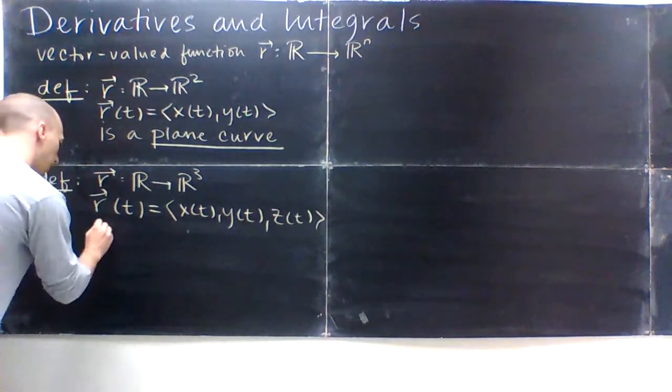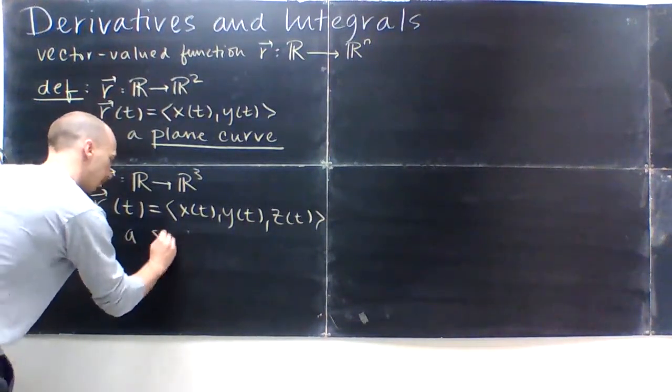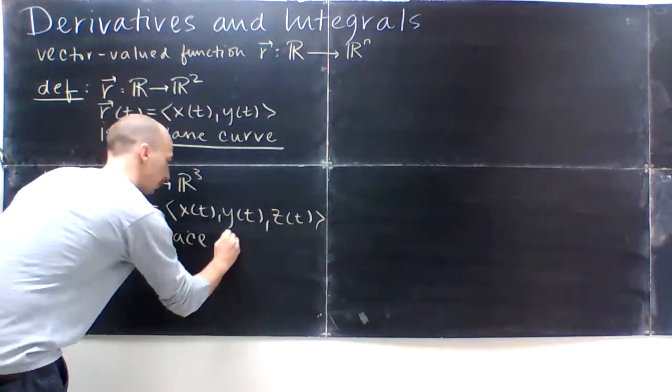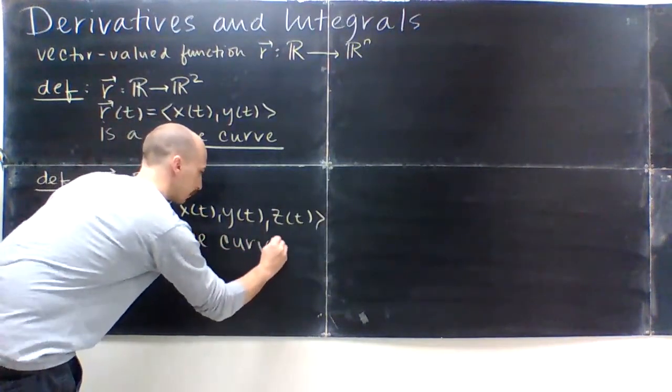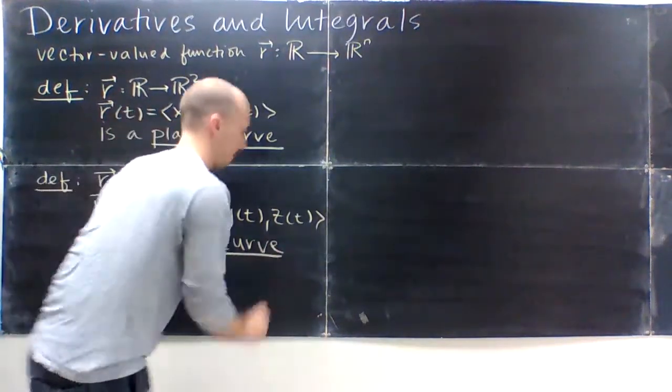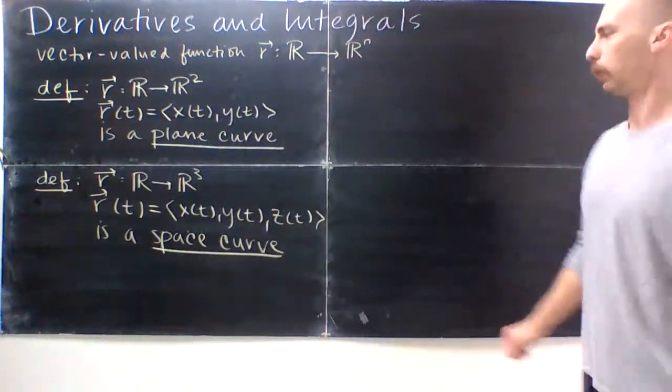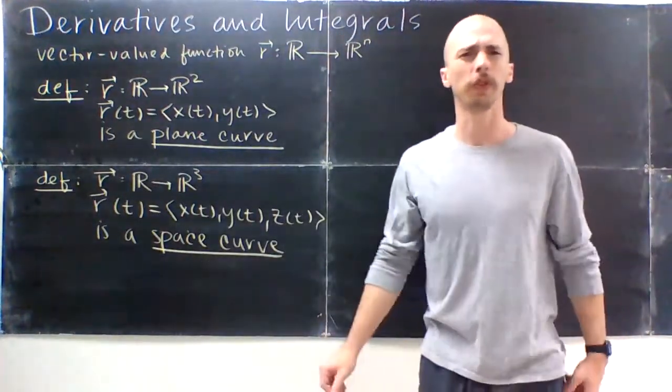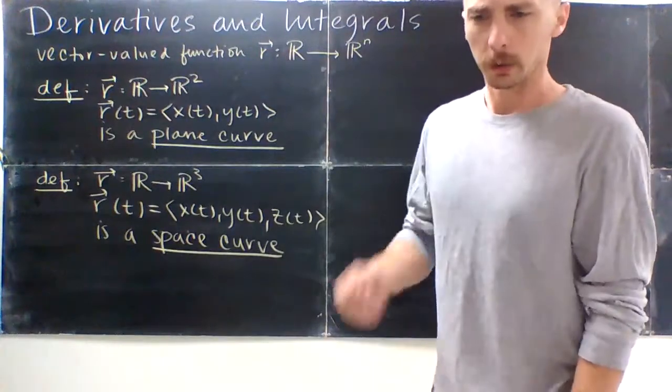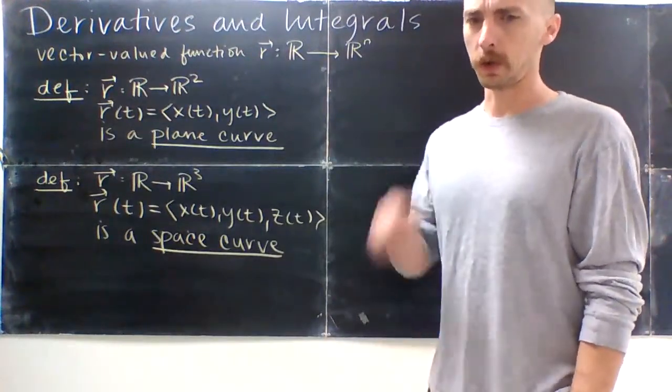This is a space curve. For the rest of this video I'm going to be talking pretty much exclusively about space curves. The first thing I want to tell you about is the derivative.